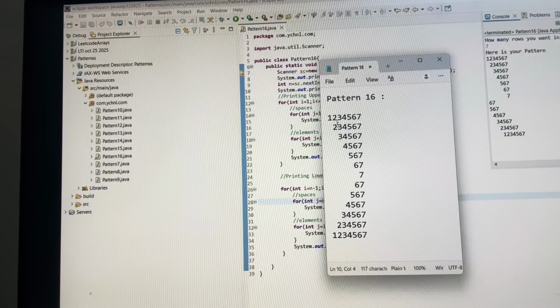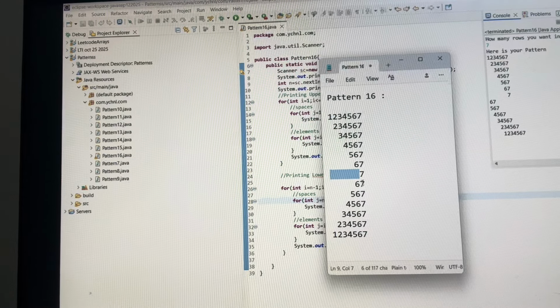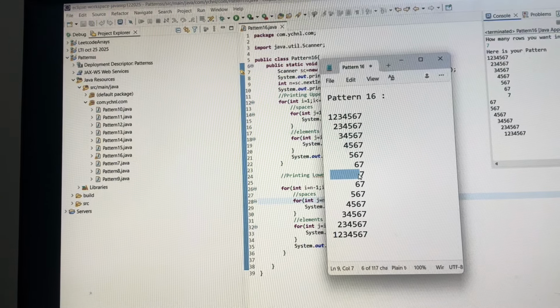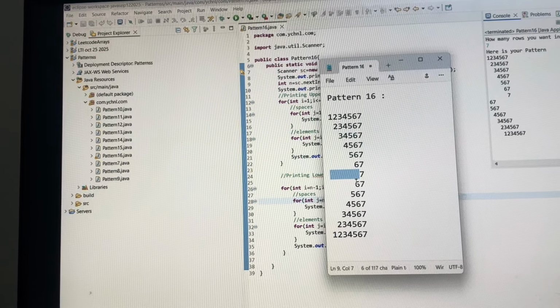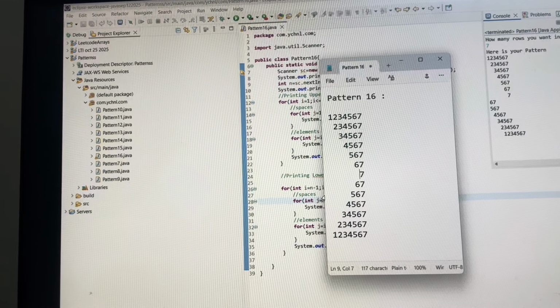No. Actually, from 1 we are considering, right? See, if you observe here, how many spaces? 6 spaces. Here, 5 spaces. 6, 5, 4, 3, 2, 1 space, right?